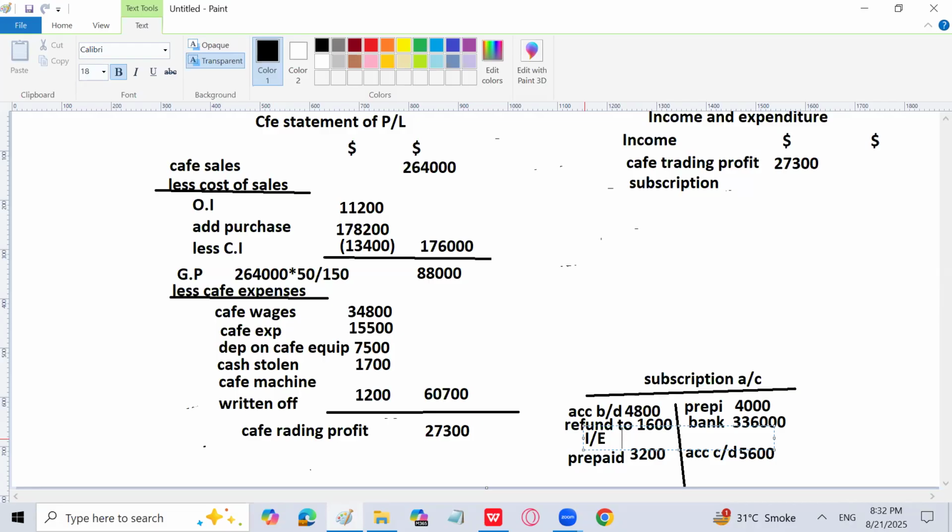So the answer is 3,36,000 again. So we are getting the same answer, 3,36,000, because the total becomes 9,600 other than 3,36,000 on the credit side. And I think the total will also become 9,600 on the debit side. Subscription will be written over here, 3,36,000. It becomes easier for us to handle it.